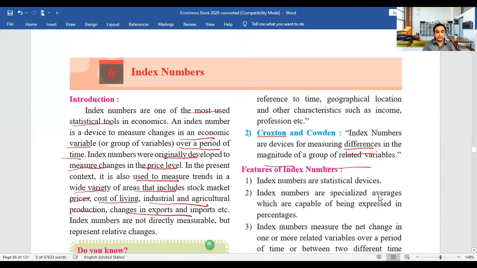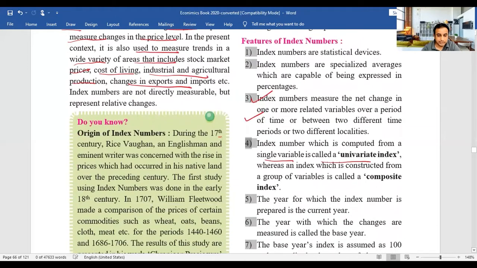We have also seen the several features of the index numbers: that the index numbers are the statistical devices. Second, they are the specialized averages. Third, index numbers measure the net change in one or two variables. If they are computed from a single variable, it is called univariate index numbers.